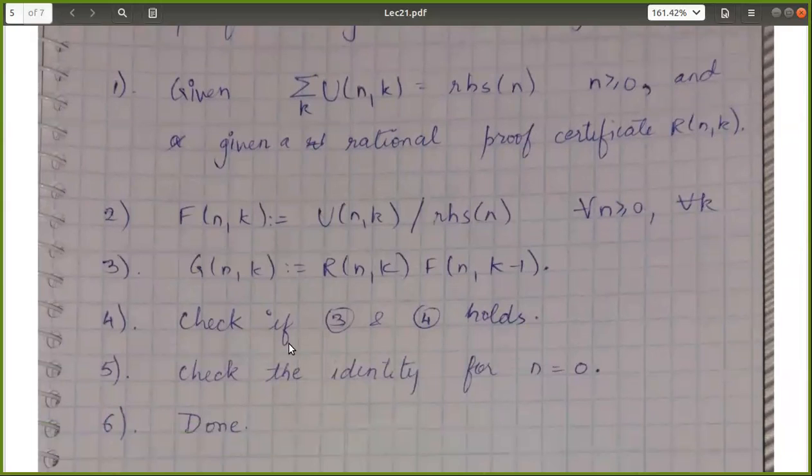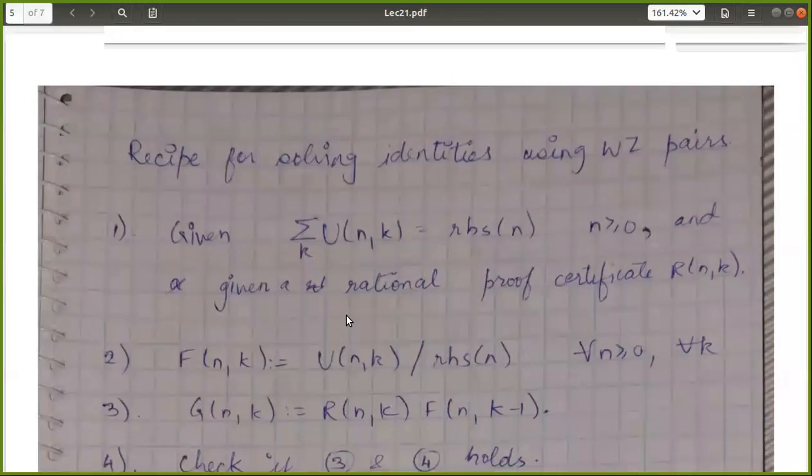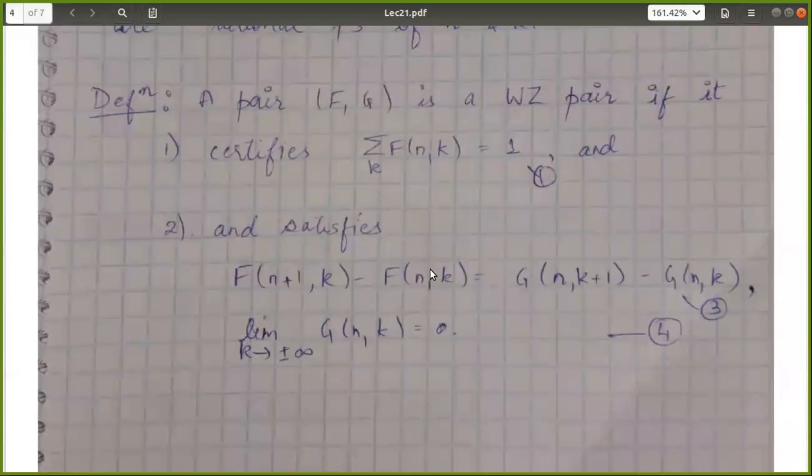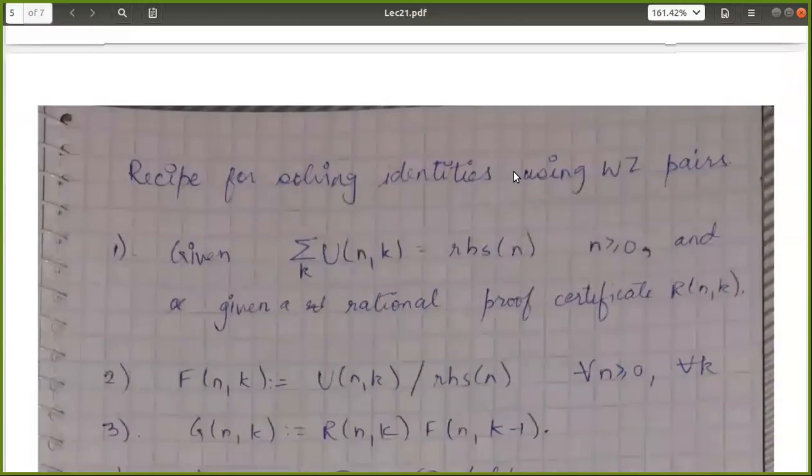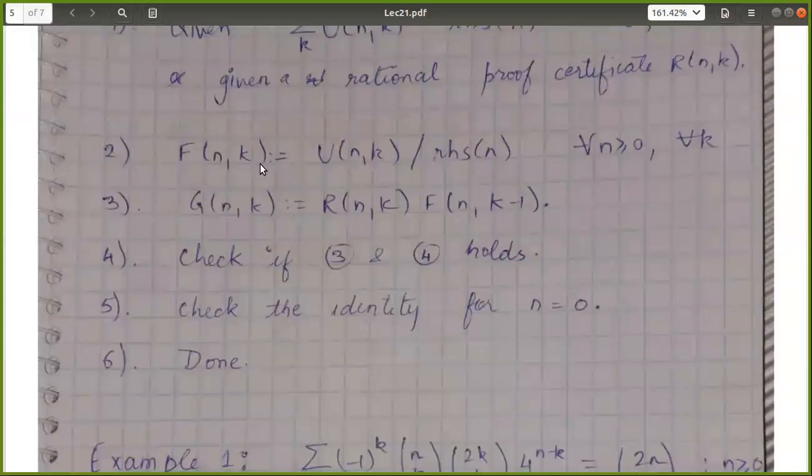Equation 3 is this. Equation 4 is this. So checking that both of these hold, and this automatically is true because you have defined your F(n,k) to be this.